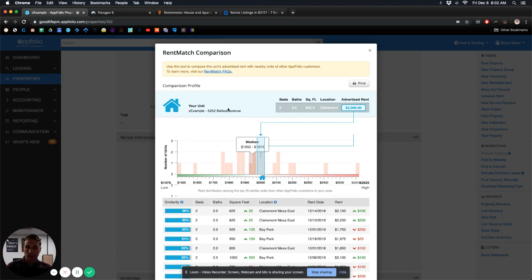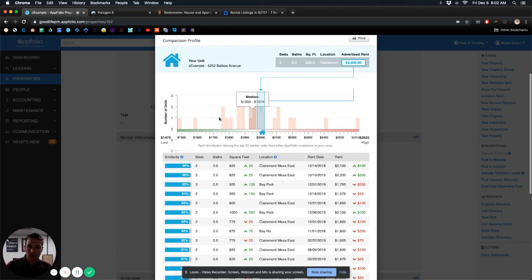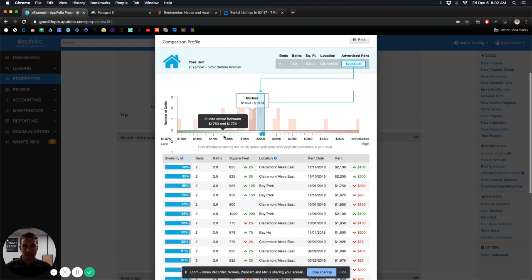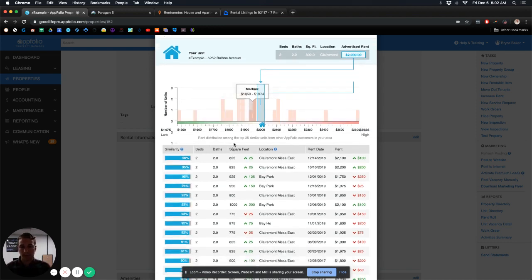Our software is very powerful in this regard. As an example, I'm using our office address here in Claremont, 92117, as a 2-bed, 2-bath, 800 square feet, kind of a bread and butter rental property. I've put the advertised rent around $2,000. You can see the data is pointing to a median rental rate of around $1,950 for 2-bed, 2-baths in Claremont.